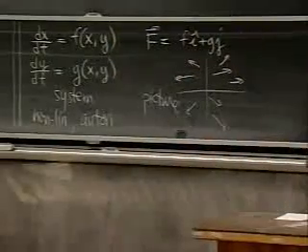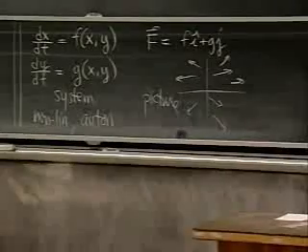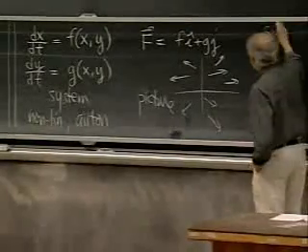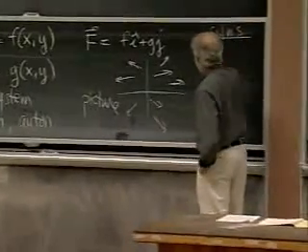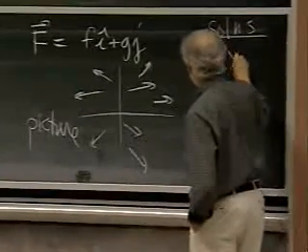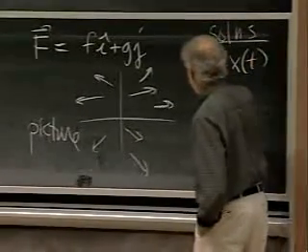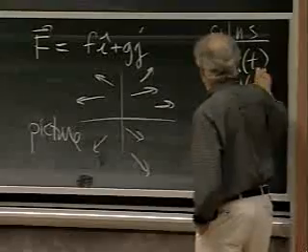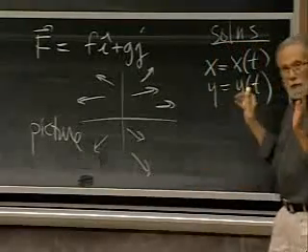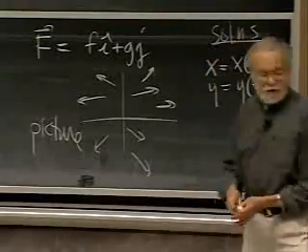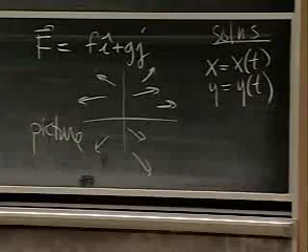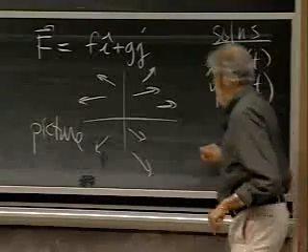Then side by side with that went the solutions. A typical solution was x equals x of t, y equals y of t, represented as a column vector. That's a parametric equation, and the geometric picture of that was given by its trajectory.